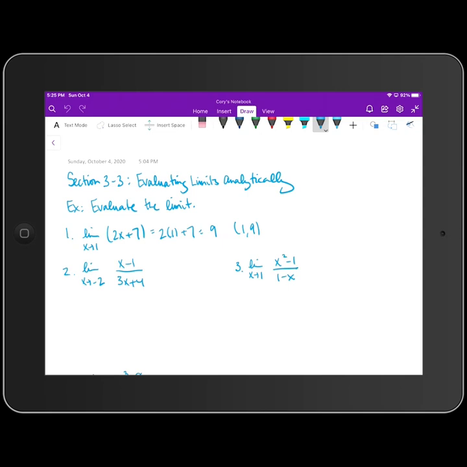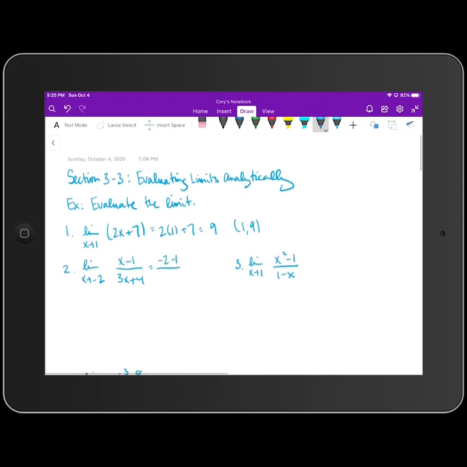When we input negative 2 in the place of x, the numerator is going to be negative 2 minus 1, and our denominator is going to be 3 times negative 2, which is negative 6, plus 4. The numerator simplifies to negative 3. The denominator is negative 2. So a negative divided by a negative makes that quotient positive. That winds up becoming 3 halves.